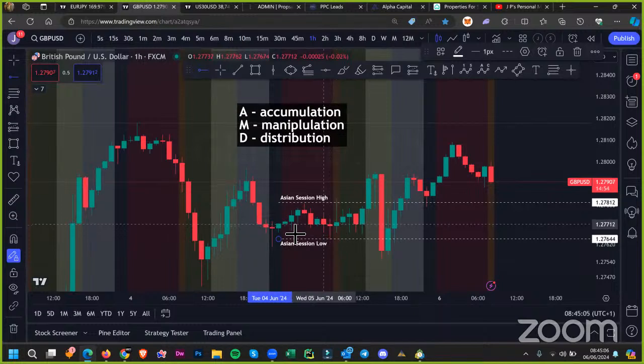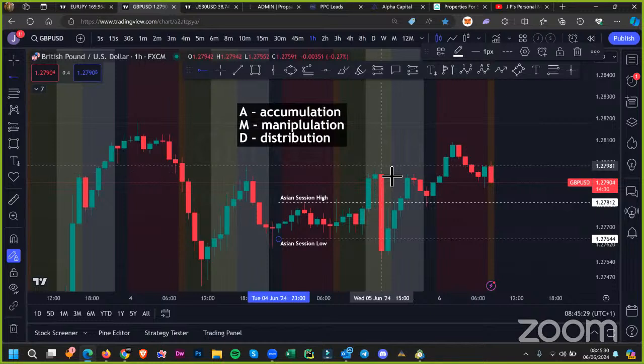It's nighttime, when you're sleeping. It's the Asian session. So that is the Asian session high and Asian session low. And what we look for in the next session, which is this yellow session, is some sort of manipulation.